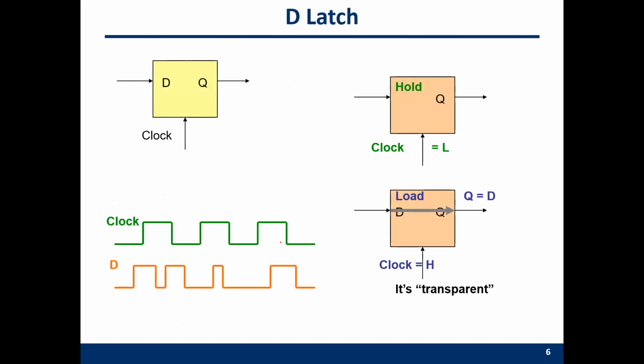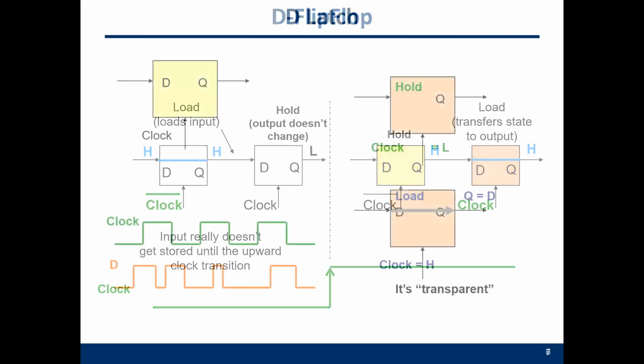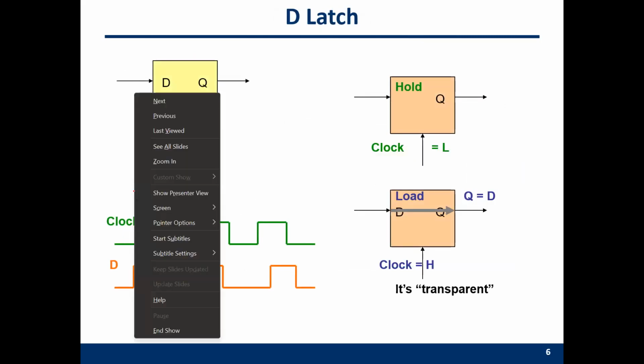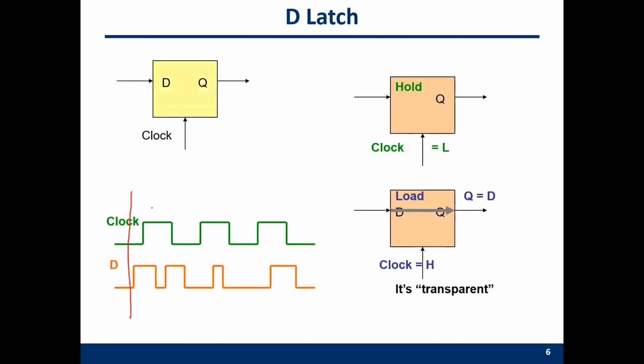One example is the memory element itself. This is a D latch. The input is D, of course, and the clock. The output is Q. When the clock is low, there is a hold state.